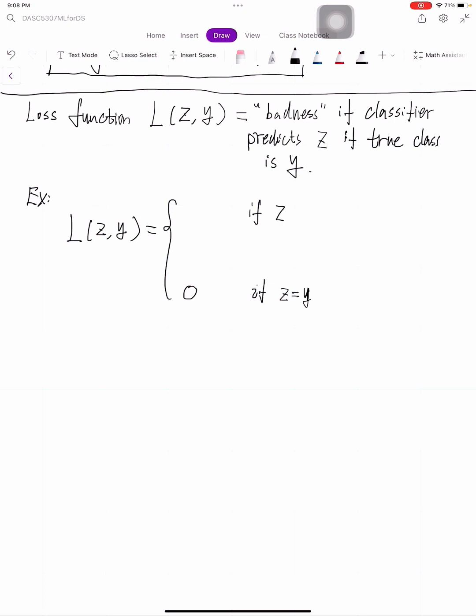There is no cost, so the loss should always be 0 for a correct prediction. On the other hand, if the patient does not have cancer, but our classifier classifies them as a cancer patient, this is called a false positive. For our cancer example, maybe a false positive is not as serious as a false negative.